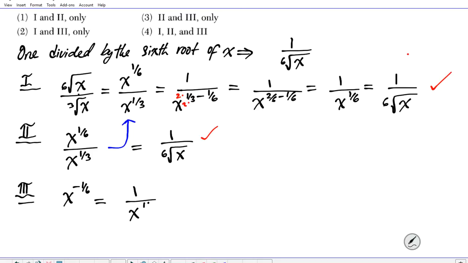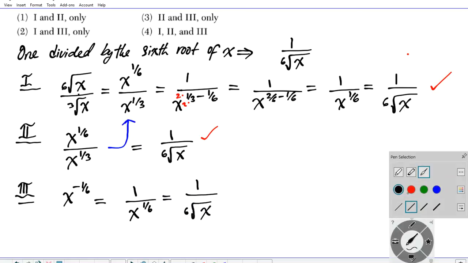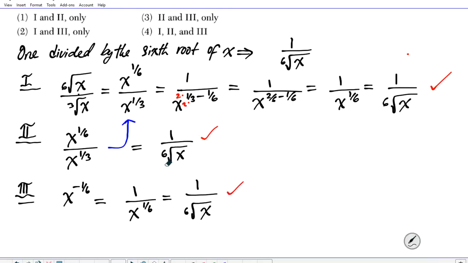So we have x to the 1/6. Now we can express this fractional exponent as a radical, which would be the 6th root of x, and that is exactly the same as what we have here. So this is equivalent also. Conclusion is that all three answers are correct. Alright, so the answer for number 16 is option number 4.